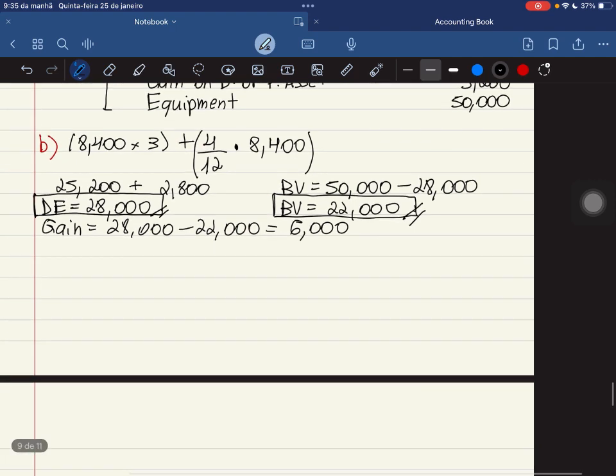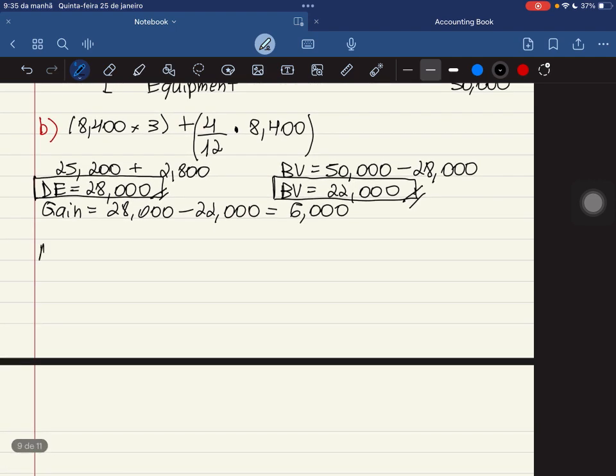Okay, now we are ready to make the entries. Like I said, first entry always to update depreciation. The first entry is just to tell you how much I have depreciated this asset from the beginning of the year until now. It's just to update this depreciation. So it's just going to be depreciation expense at the bottom and followed by accumulated depreciation, right?